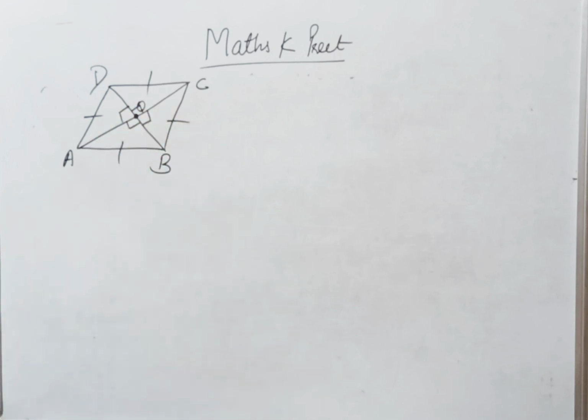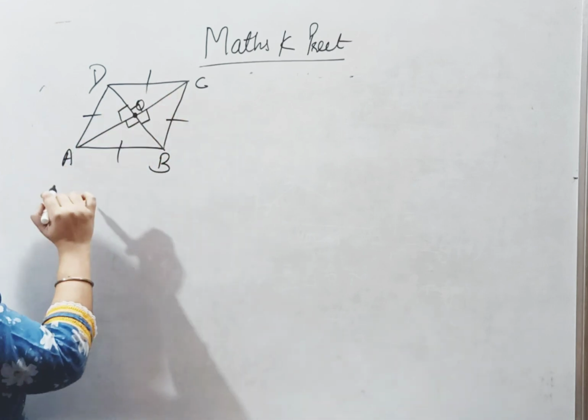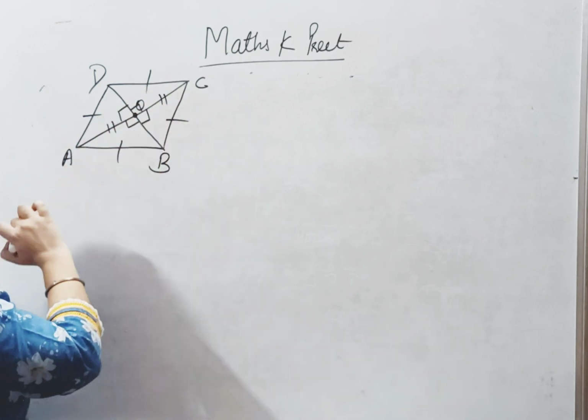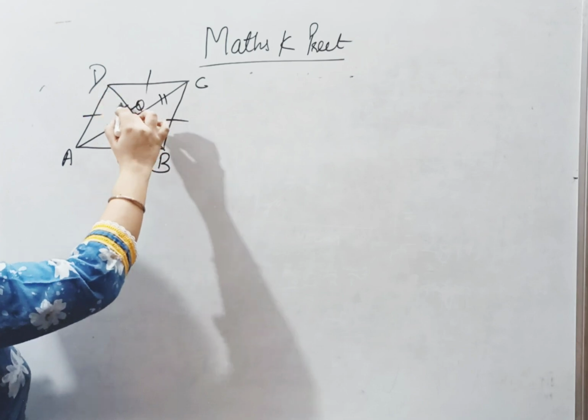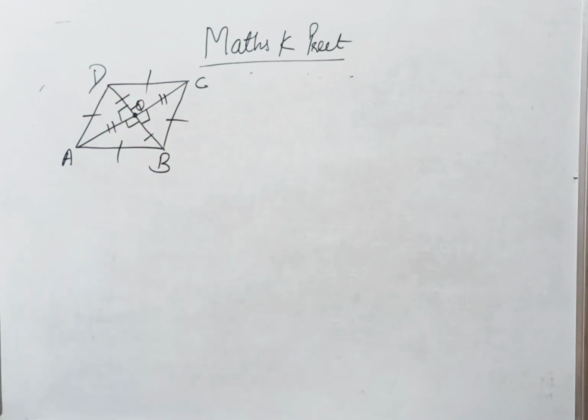So this is rhombus ABCD with all equal sides and parallel pair of sides, and here diagonals are bisecting each other at 90-degree angle. Bisecting means AO will be equals to OC, OD will be equals to BO or OB.